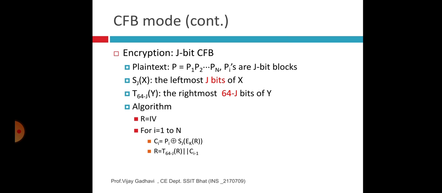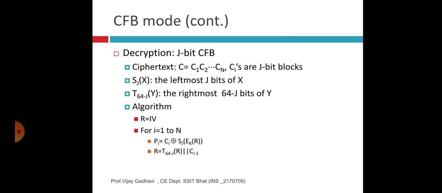Here also we consider the algorithm R is equal to IV. Here we enter a loop, i is equal to 1 to n. The equation is Ci is equal to Pi XOR Sj(Ek(R)). Next equation, R is equal to T64 minus j(R), followed by Ci minus 1.